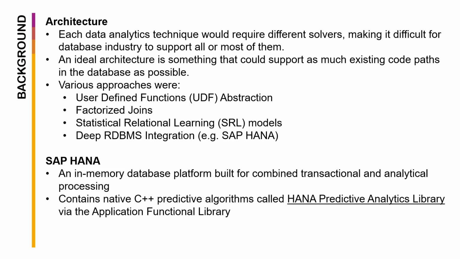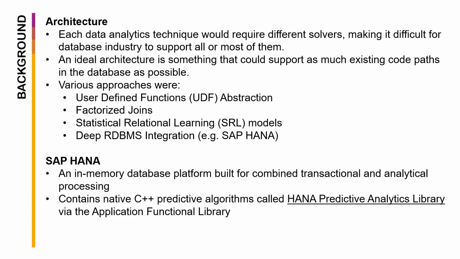They would need their own specialized code, scripts or objects, so it is becoming more difficult for the database industry to have an architecture that can support all or most of them. The ideal architecture is something that could support as many existing code paths in the database as possible. There were different approaches done before.